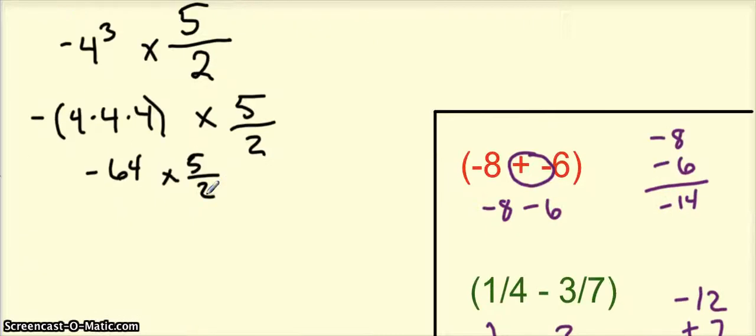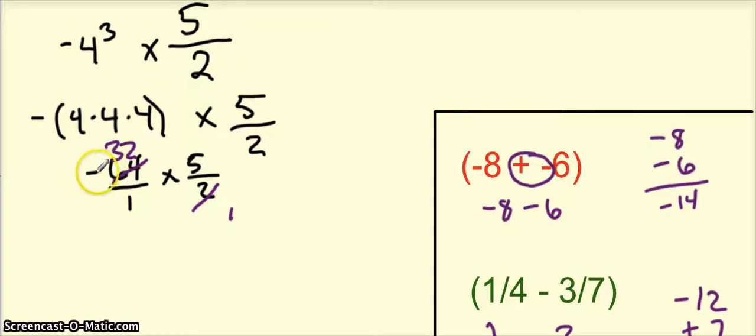And again, I have a fraction and an integer. I want to change this to a fraction by putting it over 1. And right away I see that 2 and 64 can both be divided by 2. So 2 divided by 2 is 1. 64 divided by 2 is 32.